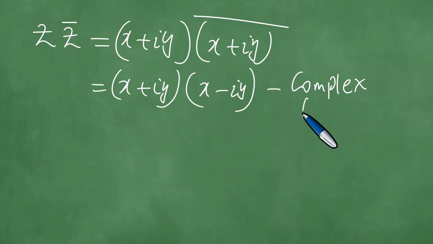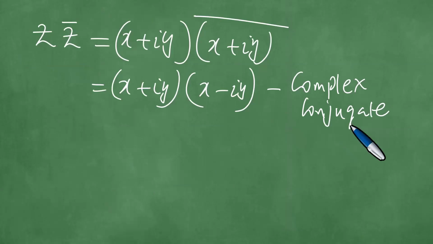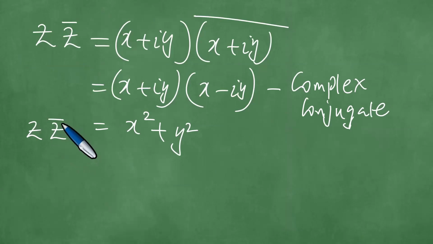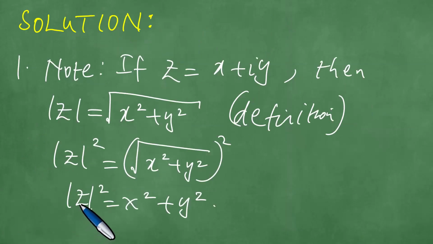Right. So what do we do now? We multiply these. This is like a difference of two squares, so it's x squared plus y squared. In other words, a complex number times its complex conjugate is just the square of the real part plus the square of the imaginary part. Okay, but this is not new, because also the modulus of z squared is x squared plus y squared.